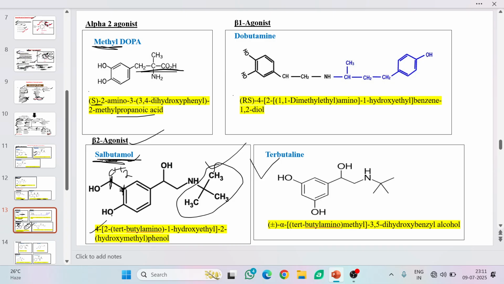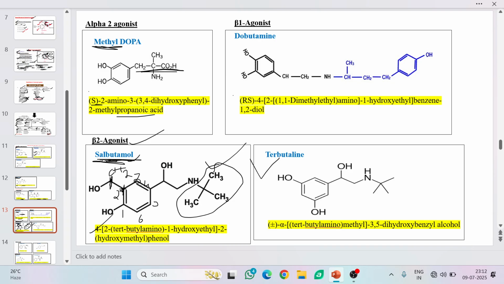And we'll understand the IUPAC name of salbutamol. So, firstly, we'll give the numbering. 4-[2-(tertiary butylamino)-1-hydroxyethyl]. So the numbering will start from here: 1, 2, 3, then 4, then 5, 6.